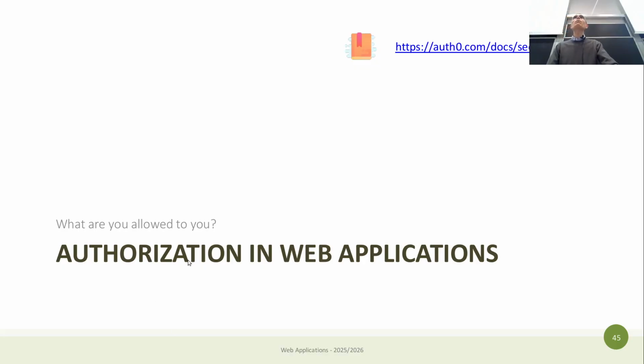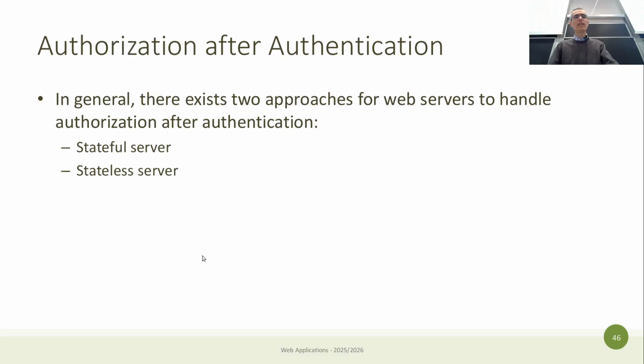It gives you the permission to do something. Authentication recognizes you as a user: I'm a user with ID 1234 with a certain email and so on. Authorization is about what you can do.